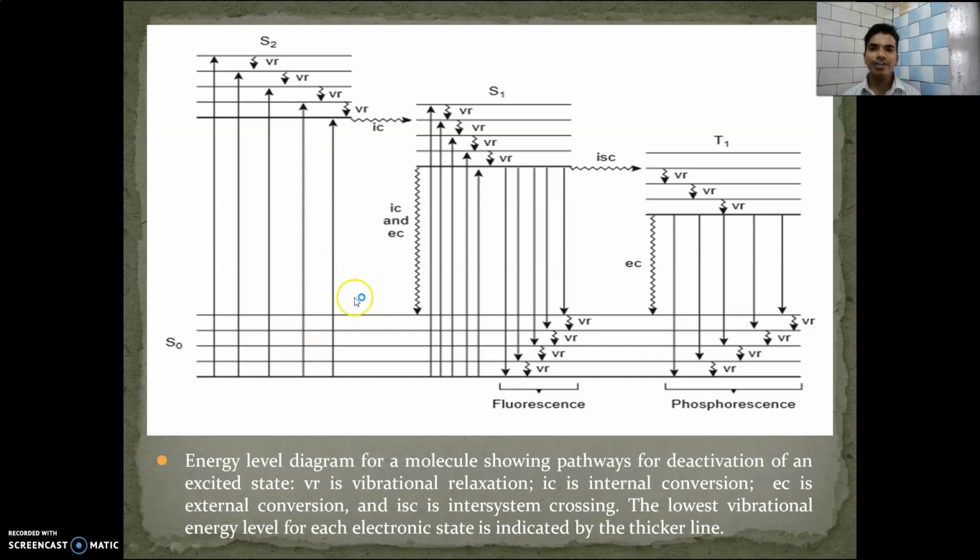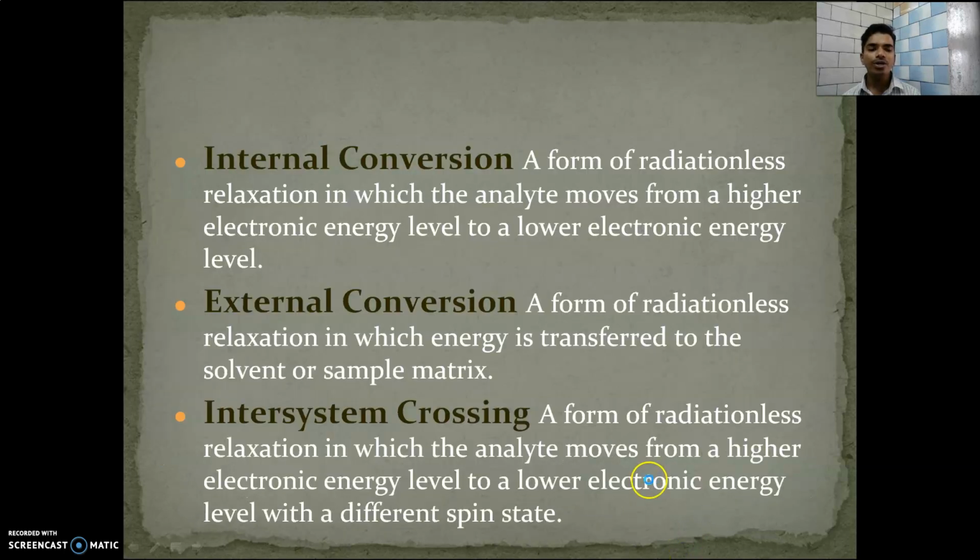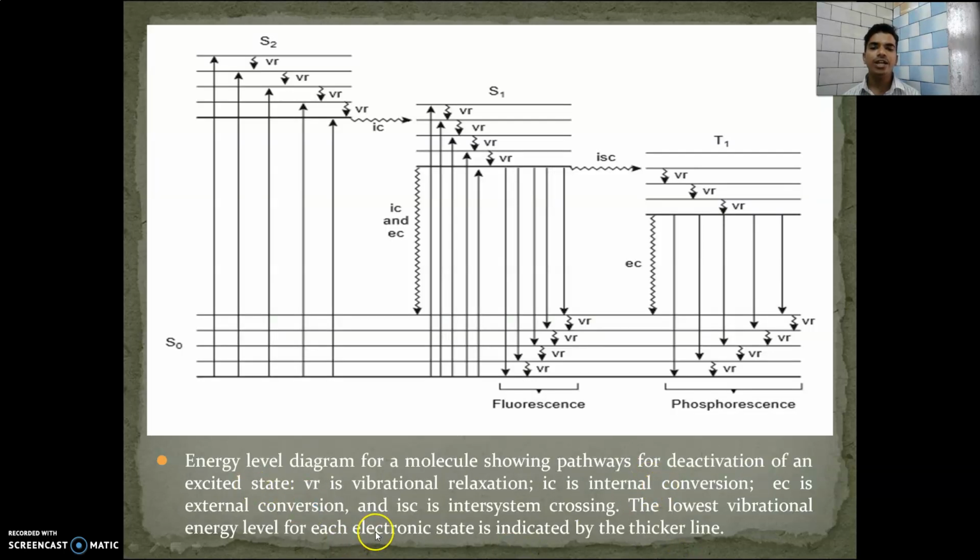VR means vibrational relaxation, IC means internal conversion, EC means external conversion, and ISC is intersystem crossing. The lowest vibrational energy level for each electronic state is indicated by the thicker line.